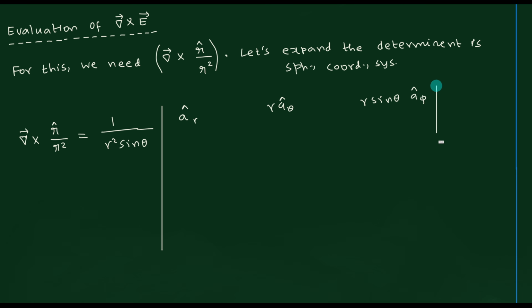The determinant is like that for the spherical polar coordinate system. The other things, the derivatives, are the same: dou by dou r, dou by dou theta, and dou by dou phi. And the corresponding components we'll have to write down.